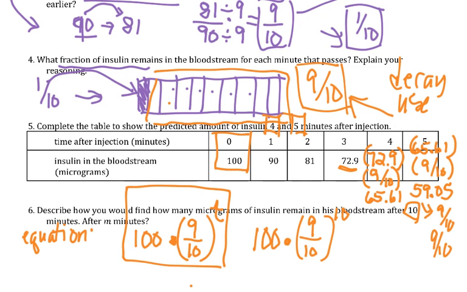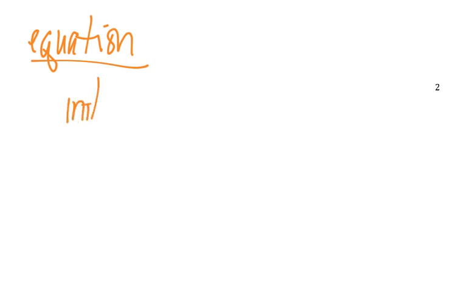So the big takeaways here are, you want to know what is remaining. So my equation that I write is always going to be based on my initial amount. So what was the amount that I started with?